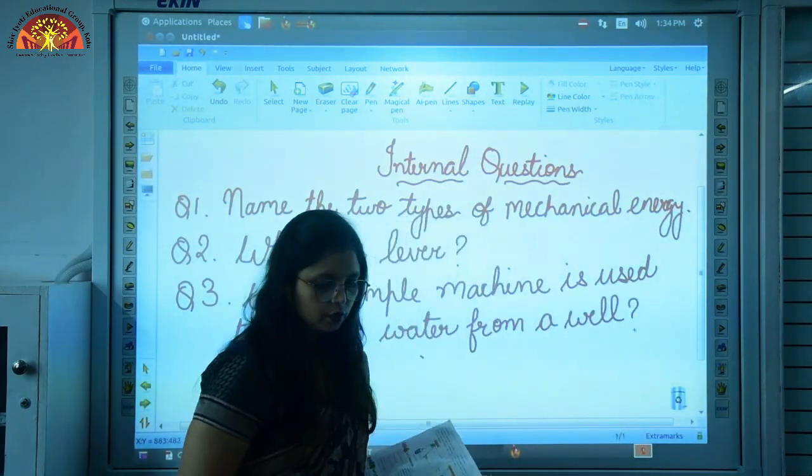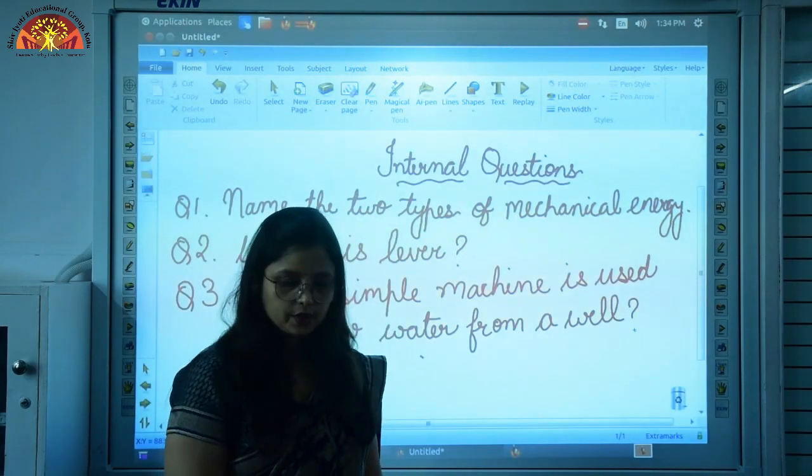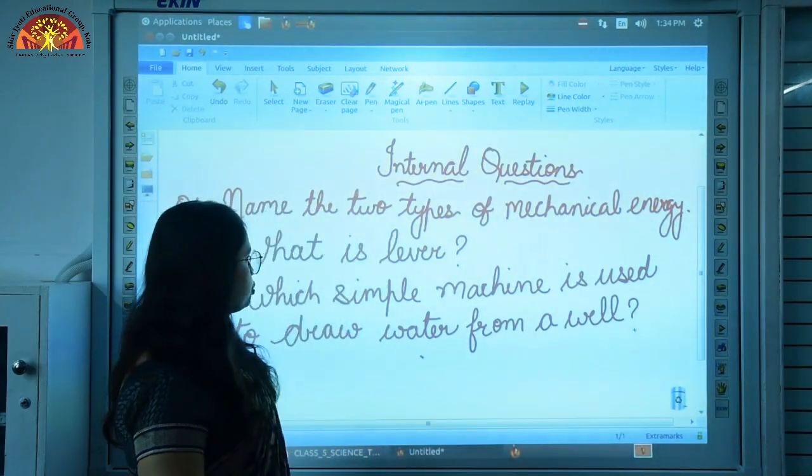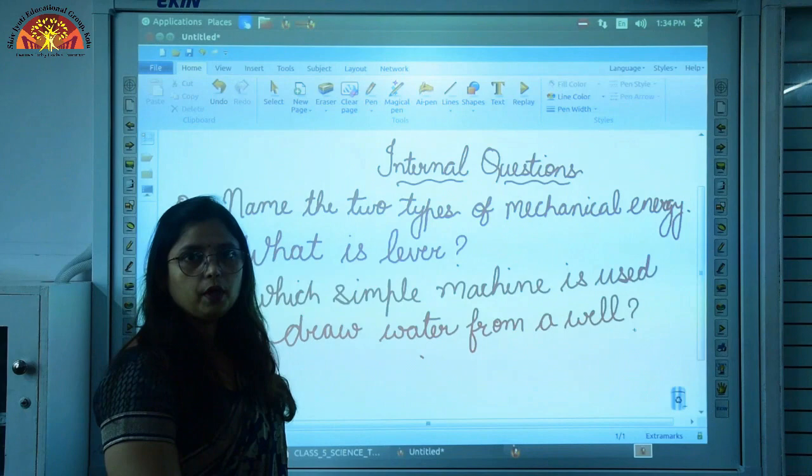So, I repeat the question. It is, which simple machine is used to draw water from a well?